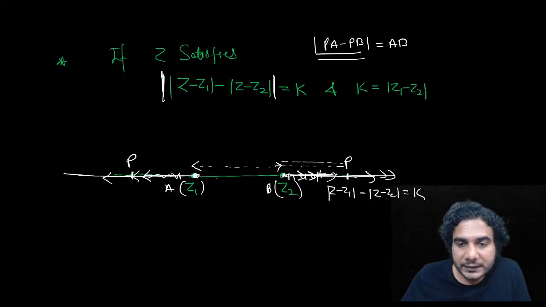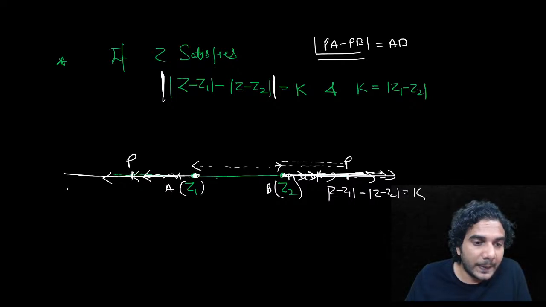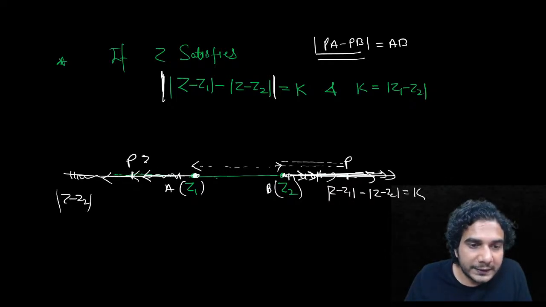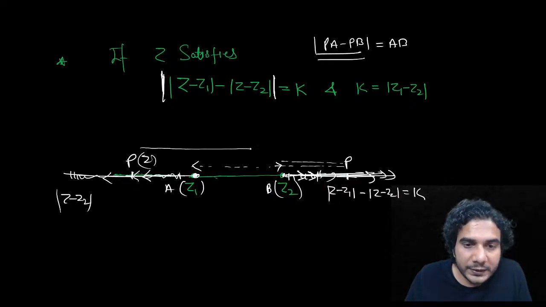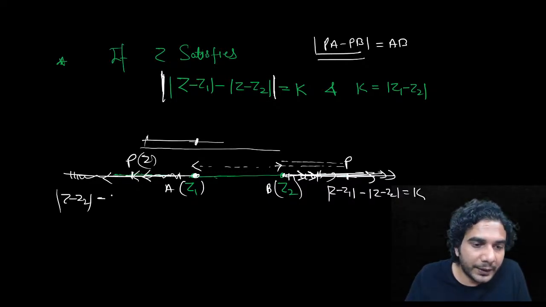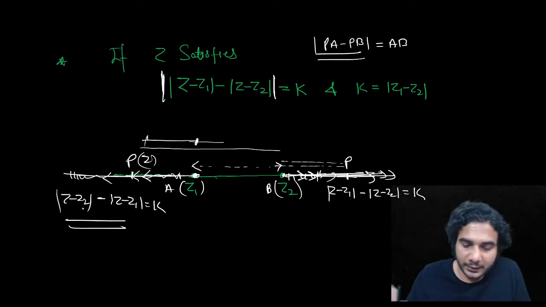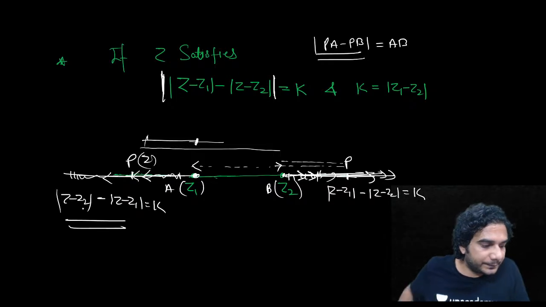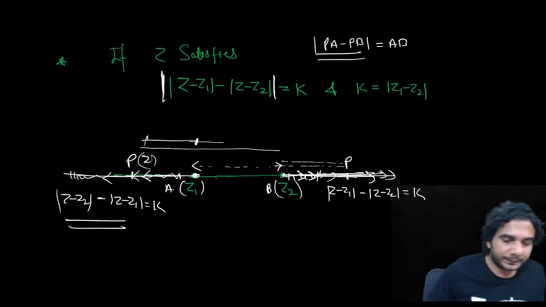So the equation of this ray, which is to the right side of B, is mod of Z minus Z1 minus mod of Z minus Z2 is equal to K. And the equation of this ray is basically mod of Z minus Z2 minus mod of Z minus Z1 is equal to K, since mod of Z minus Z2 is greater than mod of Z minus Z1, right? All right, you need to remember this point. This is a very important point.